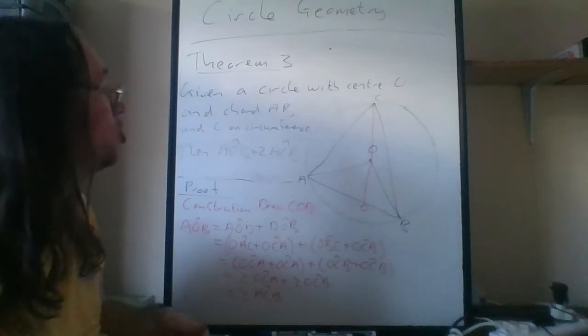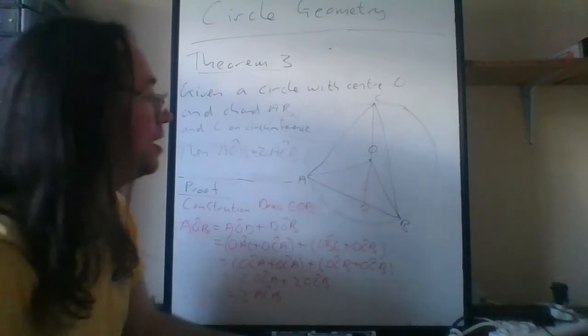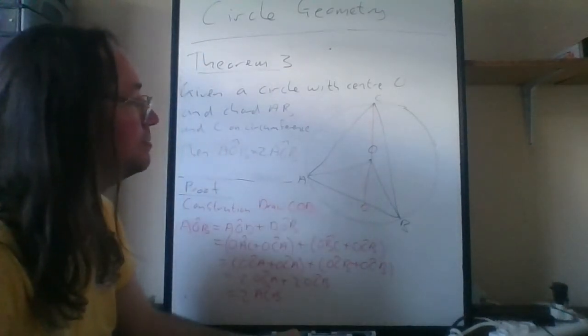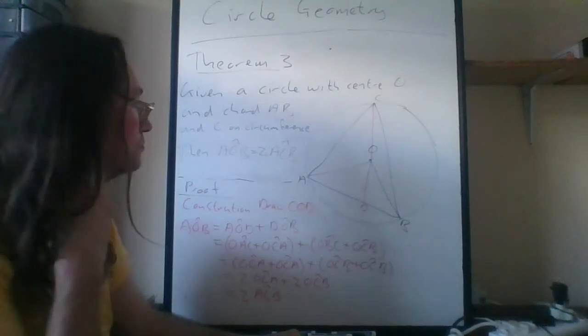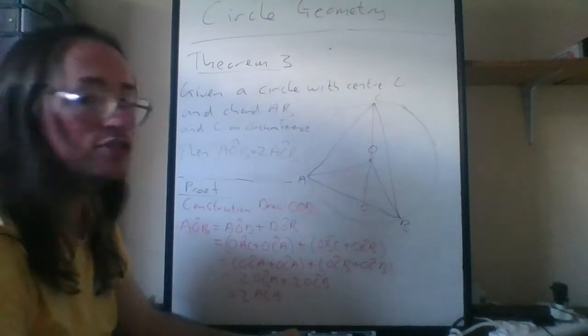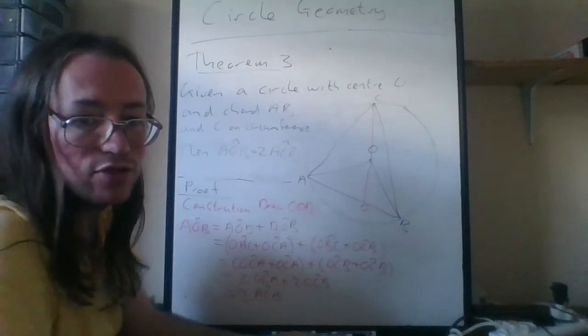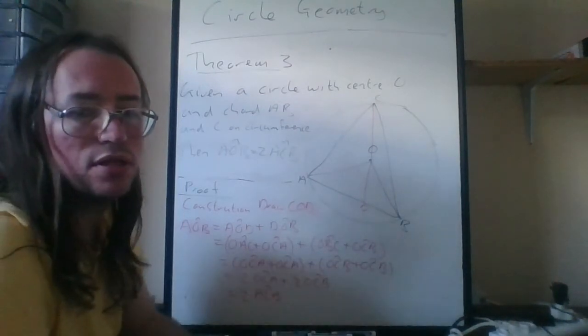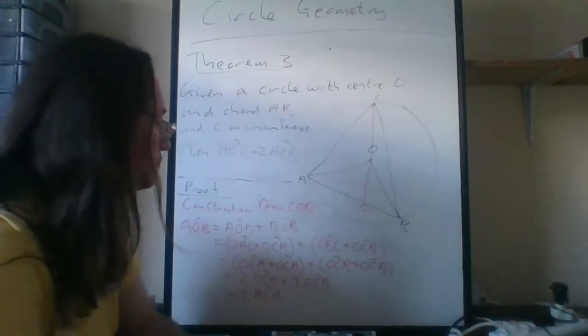It has three corollaries that follow basically immediately from the proof of this theorem. The first corollary says that the angle in a semicircle is 90 degrees.